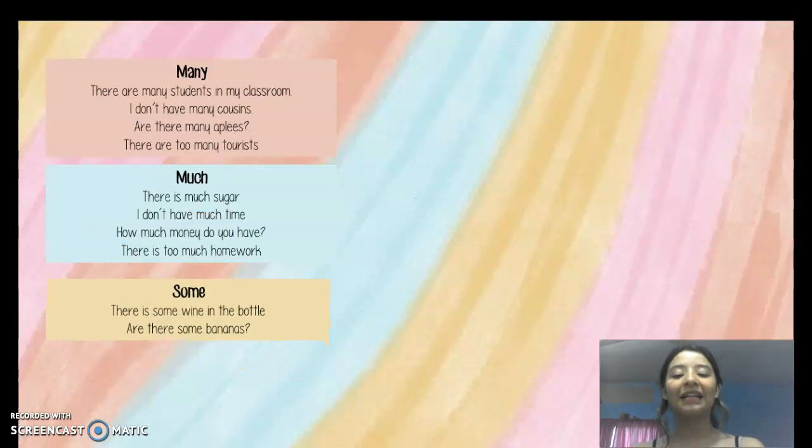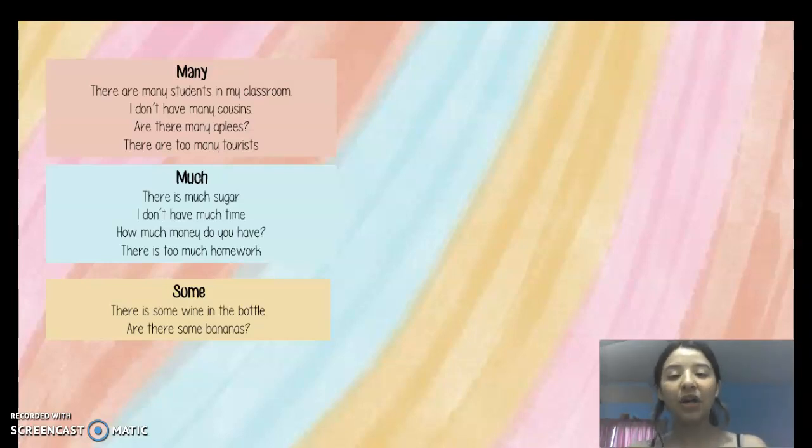Well, some. We use some with both countable or uncountable nouns. And we use some to make affirmative sentences and interrogative sentences.